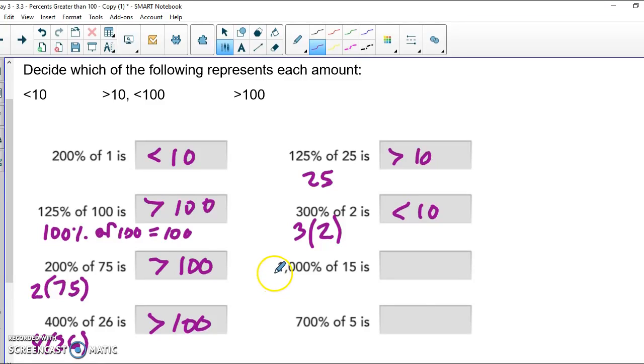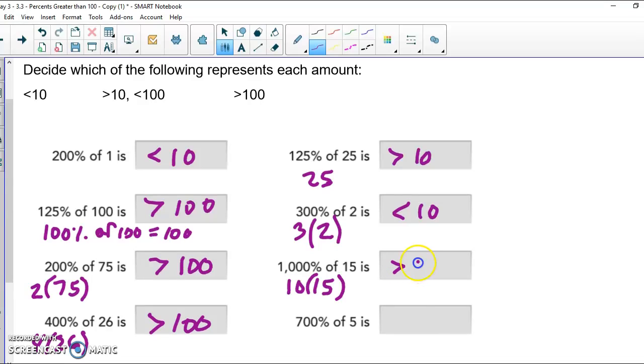If I'm looking at 1000% of 15, let's break this down by thinking about 100% of 15, which is all of it, so 15. And 1000% is 10 times greater than 100%, so I'm going to need to multiply 100%, which is 15, times 10. So this would be 150.